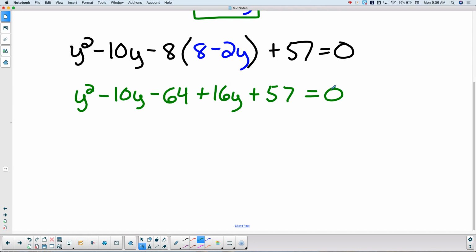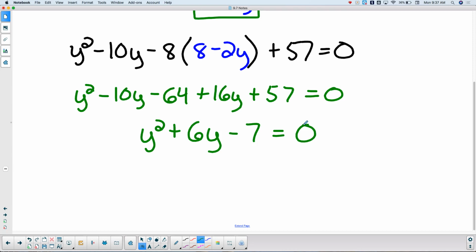What does that simplify to be? Minus what? 7? Okay. Is it factorable?